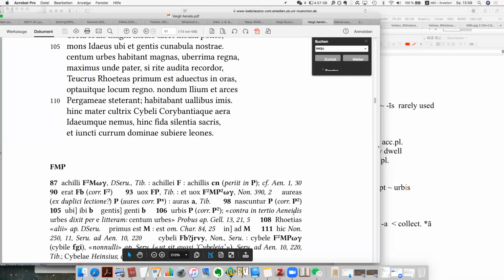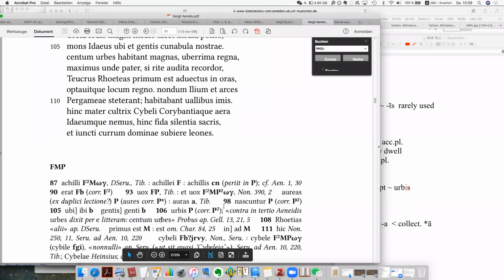So in the third book of the Aeneid, Urbis. So they say Urbis. "Dixit" means he says, yeah, he says Urbis, and with this a littera, so with a vowel, with a letter, and "canton Urbis".